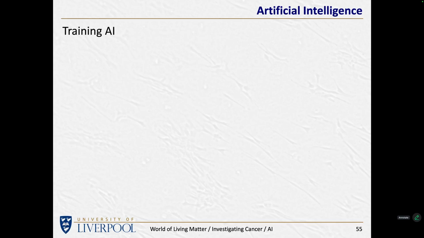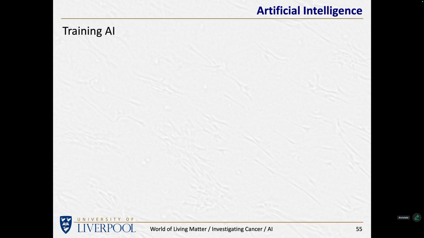How do we write the software to tell it how to do that? Well, in the next 5 minutes, I haven't got time to talk about all of the details of how we do it, but let me just give you an idea of what training artificial intelligence means.